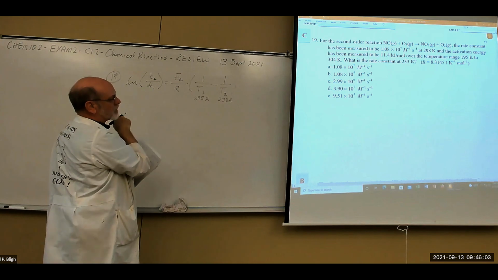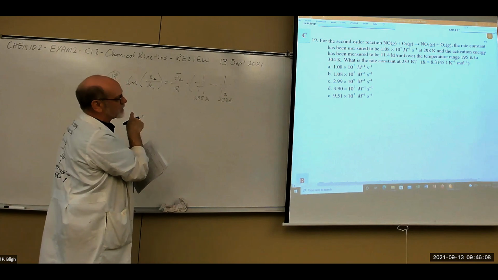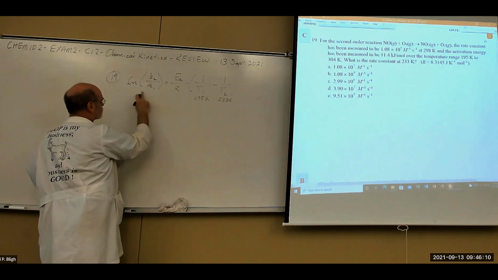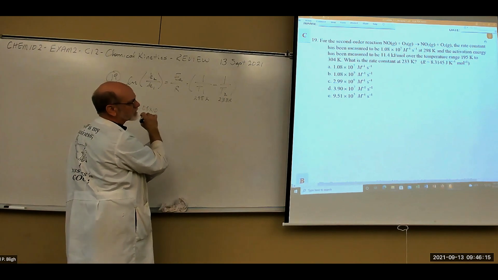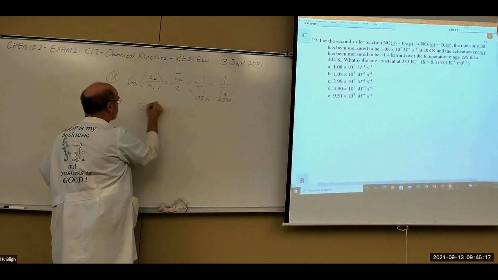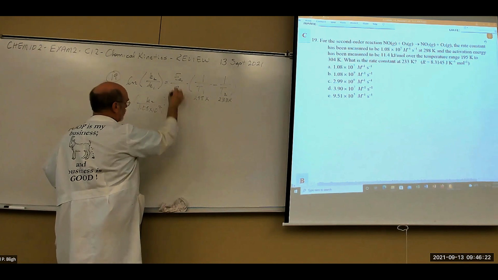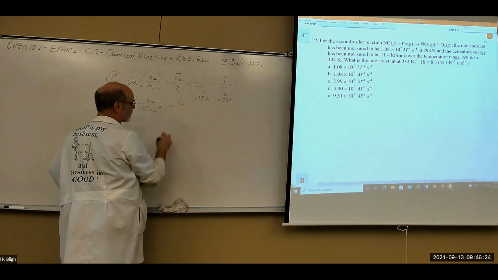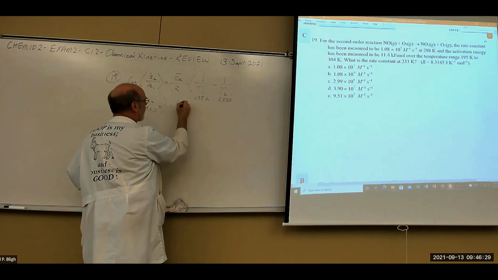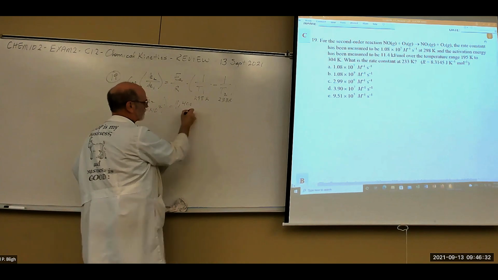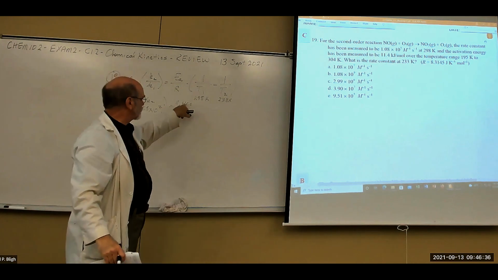And that K was determined at 1.08 times 10 to the 7th, divided by K2. Then you have this value, which is 11,400. Because the R is in terms of joules, this one has to be converted to joules.